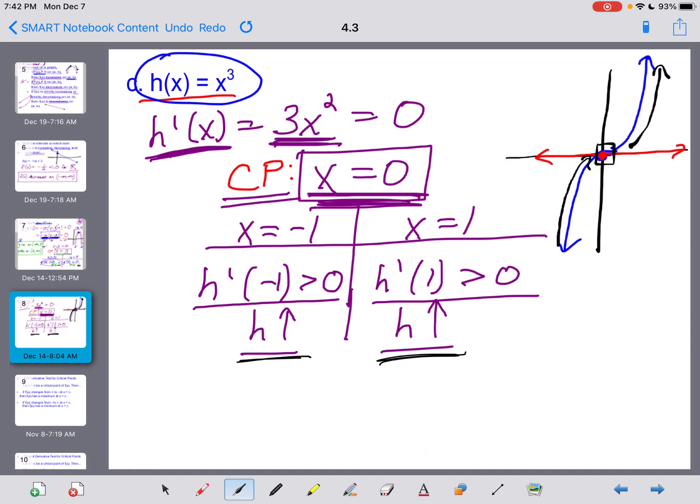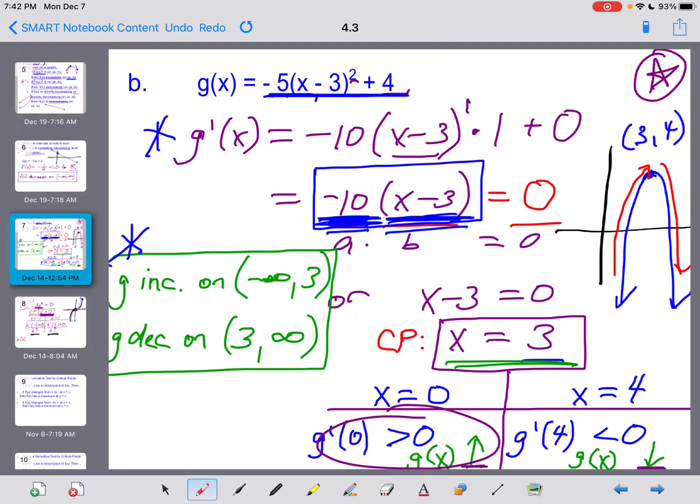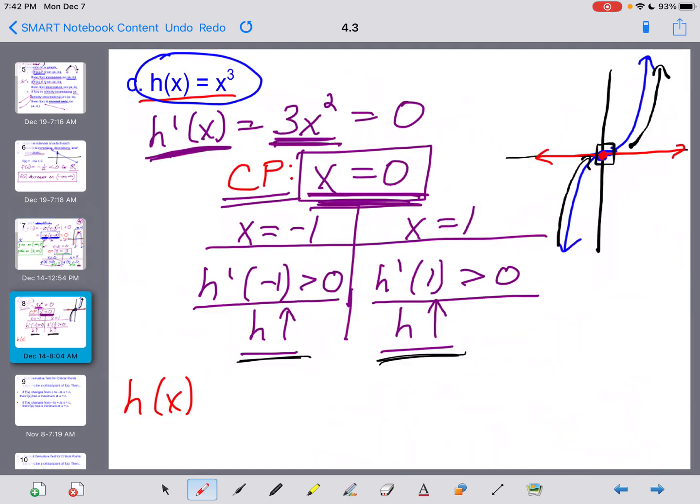Okay, and so what that means is that this function is increasing, and here we're going to go ahead and write the answer now, that h of x, and I know last time I just wrote g, you can write g or g of x, it makes no difference. So h of x increases on the interval from negative infinity all the way to infinity.